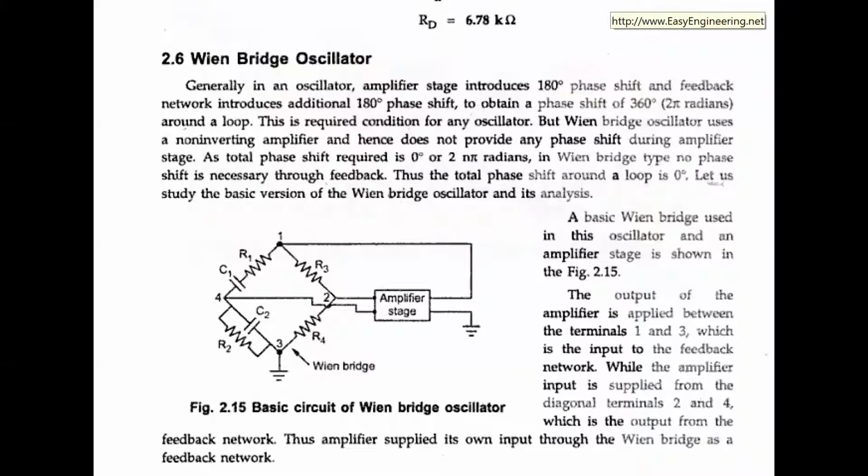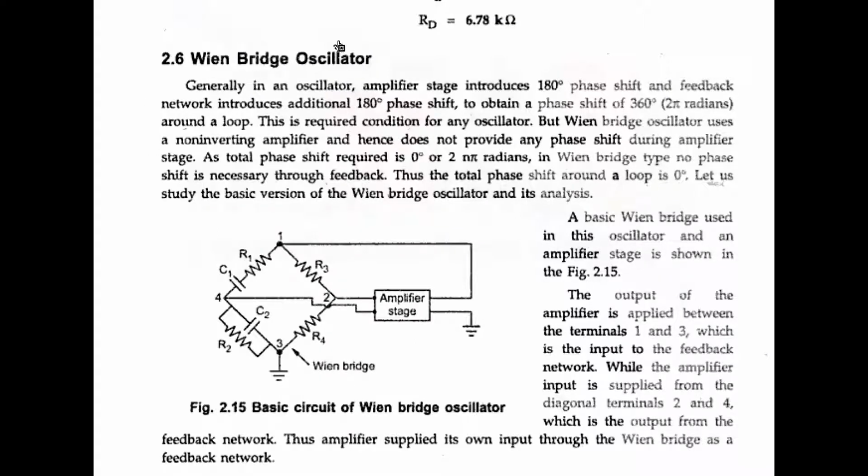The feedback network alone, I am not asking together. Anyway, listen. 180. Very good, 180. In Hartley, Colpitts, RC phase shift oscillators, the feedback network provides 180-degree phase shift.